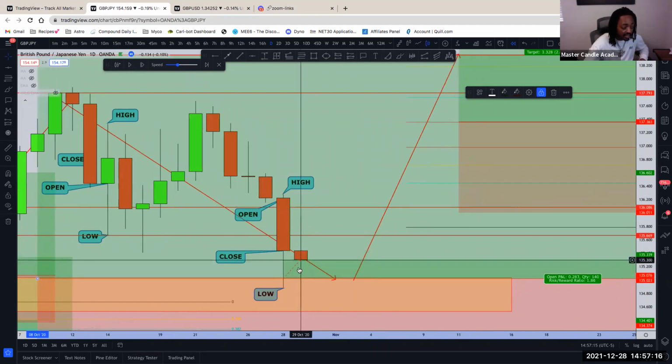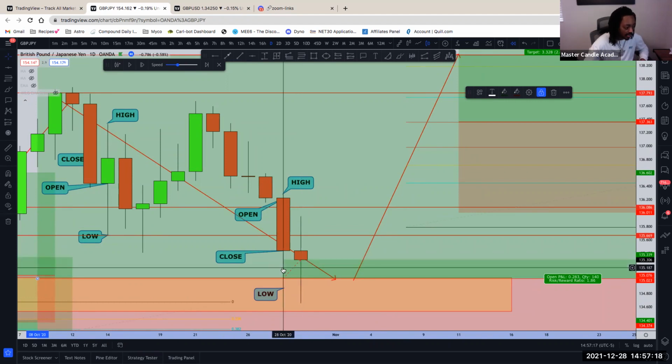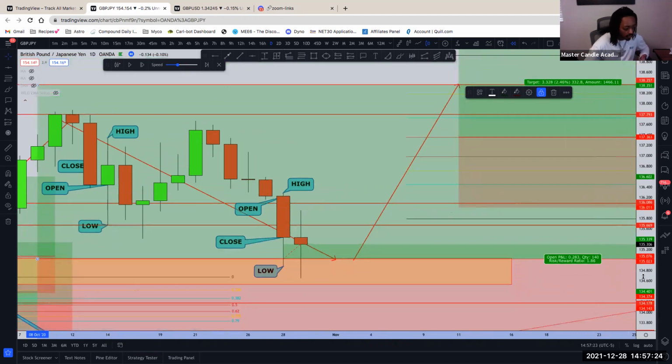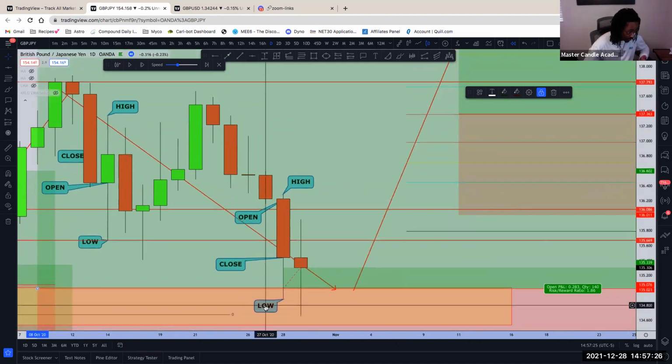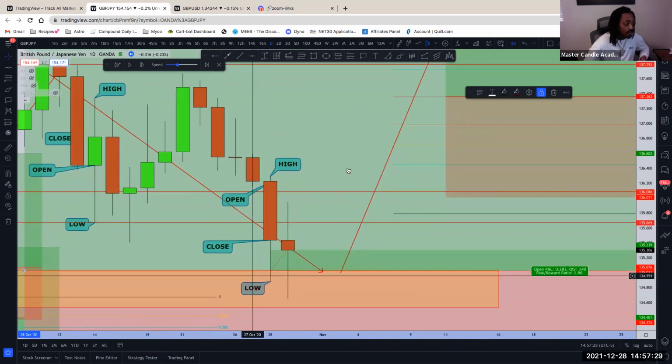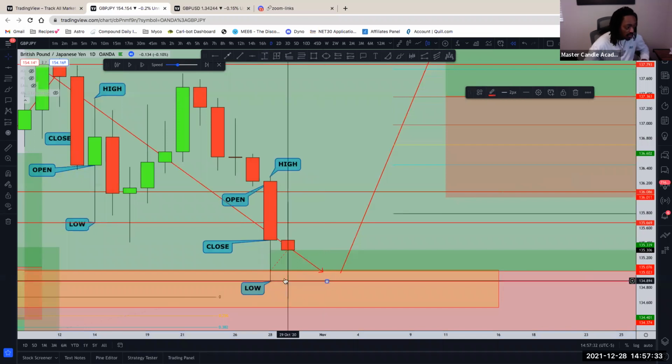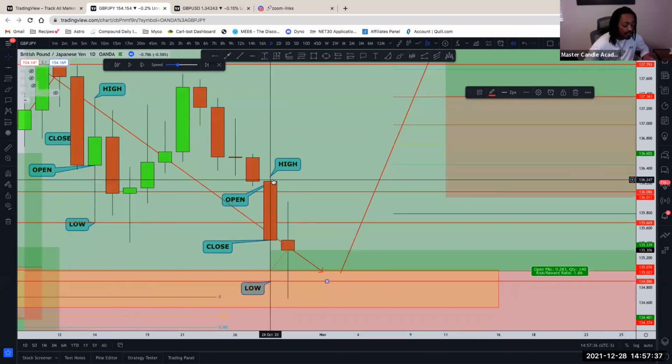As soon as this candle closes inside of the wick and fails to break the low, another way you can trade this is to put a buy limit literally at the low of that market, or a sell limit at the high of the market.